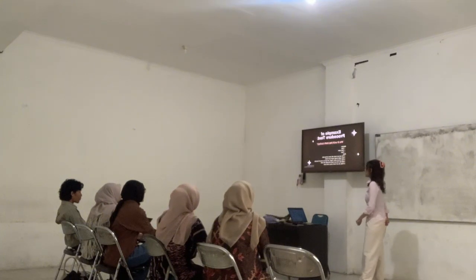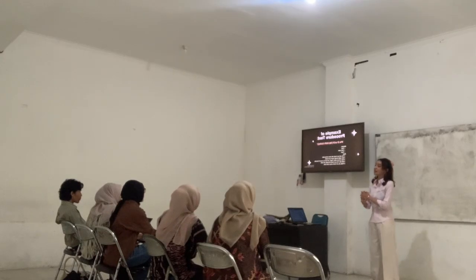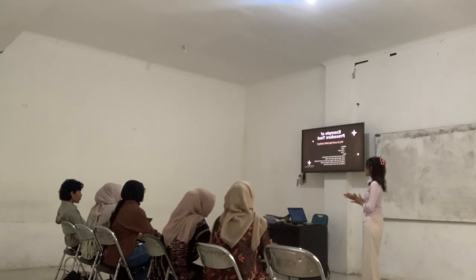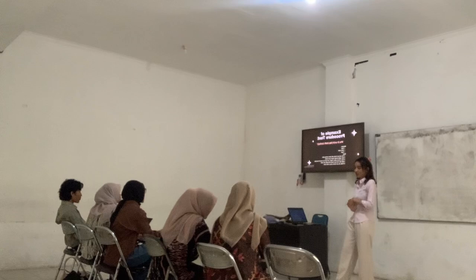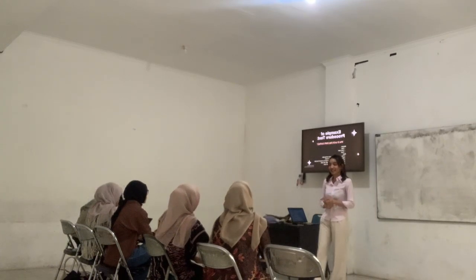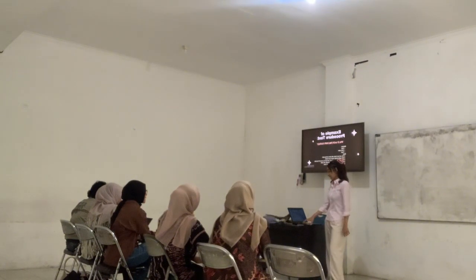Next, apply enough soap to your hands. Then, rub your palms, fingers, and nails for at least 20 seconds. And after that, rinse your hands thoroughly with water. And finally, dry your hands using a clean towel. So far, do you have a question? No. Okay, if you have no question, it means you already understand, right?